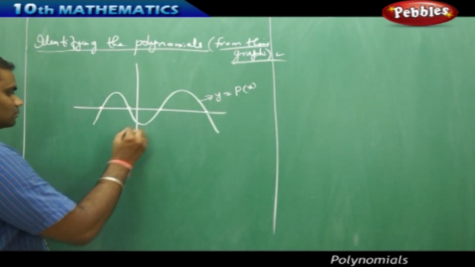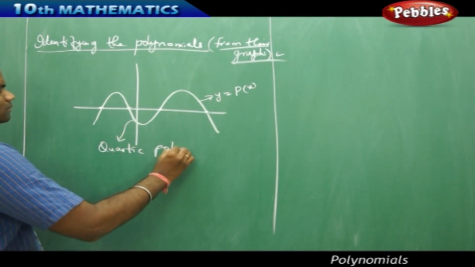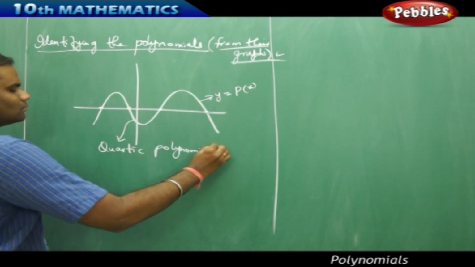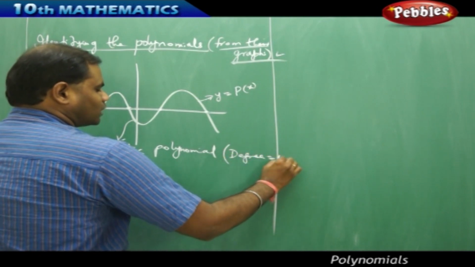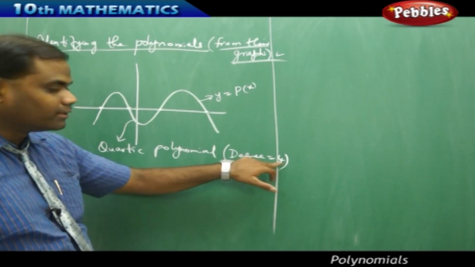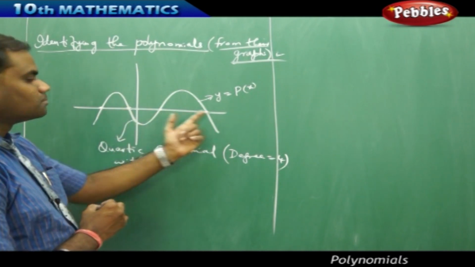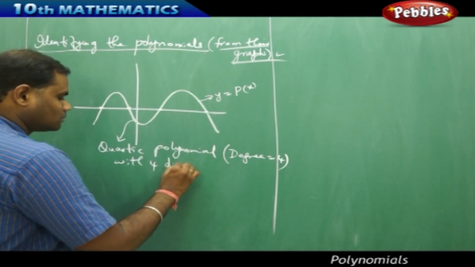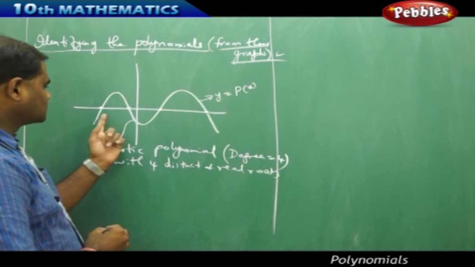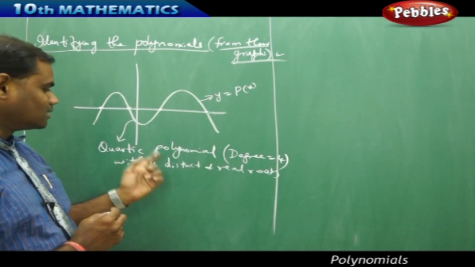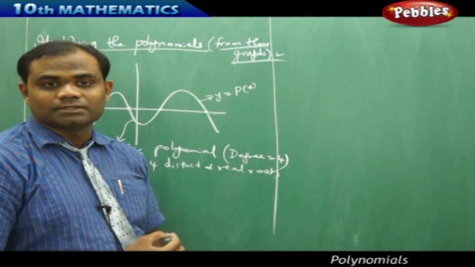Therefore, this is a quartic polynomial with degree 4. A quartic polynomial is usually a polynomial with degree 4, with 4 distinct and real roots, because all the 4 roots are crossing the x-axis, therefore they are real roots. That is how we understand the quartic polynomial in this case.